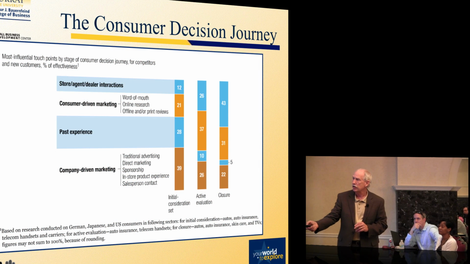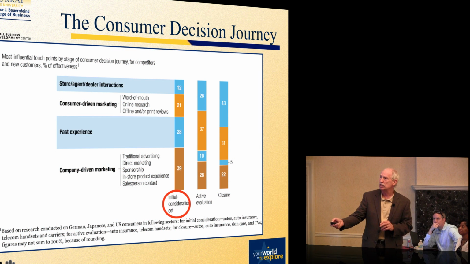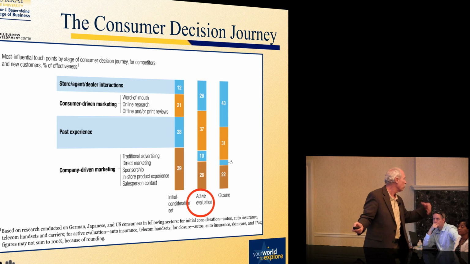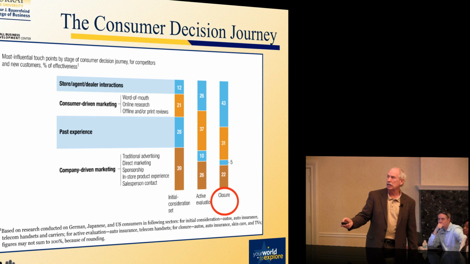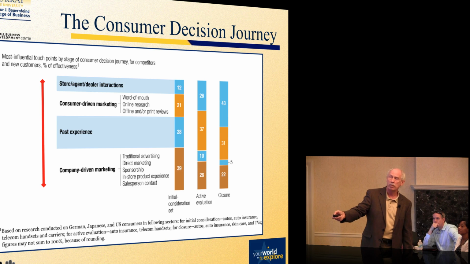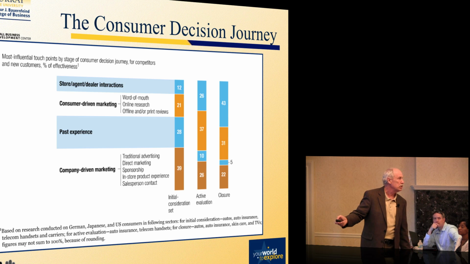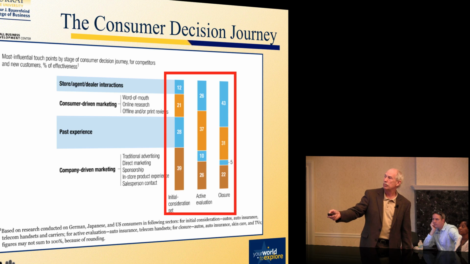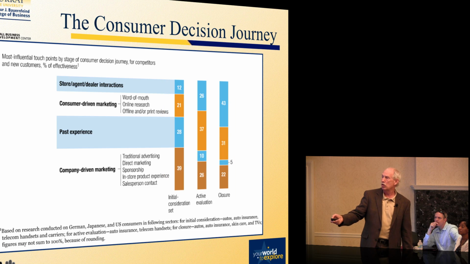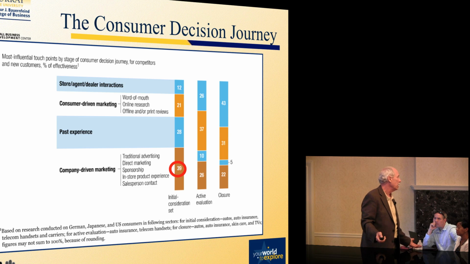So what they've done here, this is the initial consideration set, active evaluation where other brands get added, and then finally at closure. And they've identified on the vertical axis the types of information that consumers look for and that they use at that particular stage. And then the column for each of those stages indicates the relative importance of that information. So at the initial consideration set, the dominant factor is information provided by the company.